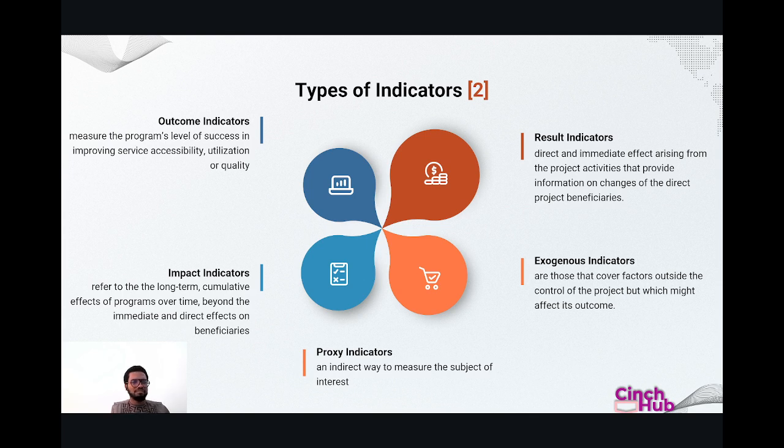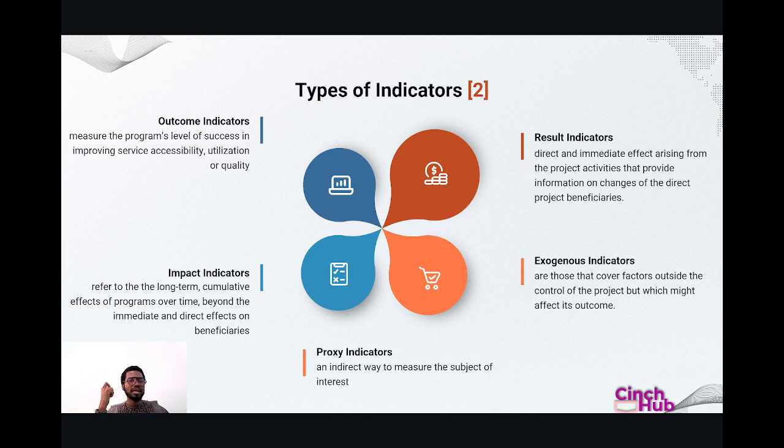These are outcomes. How many persons have started doing these plumbing activities? How many persons have established companies or firms or consulting firms where they carry out these things? So that is an outcome indicator.